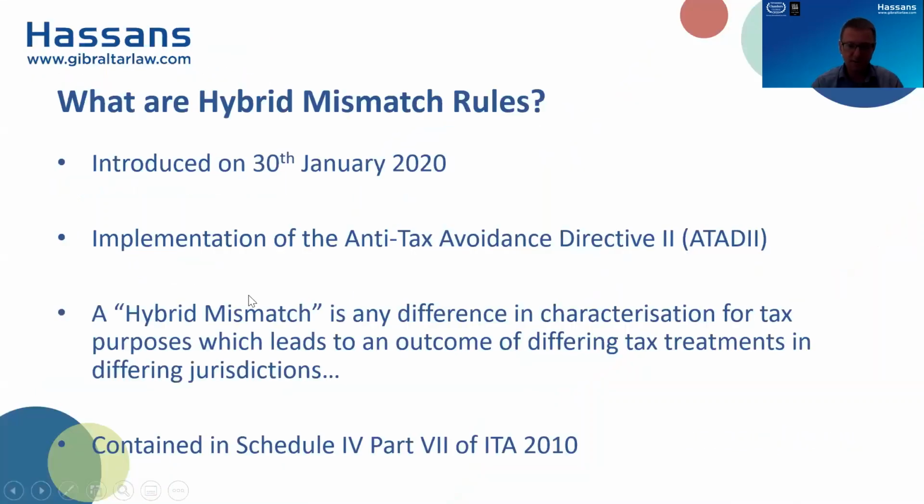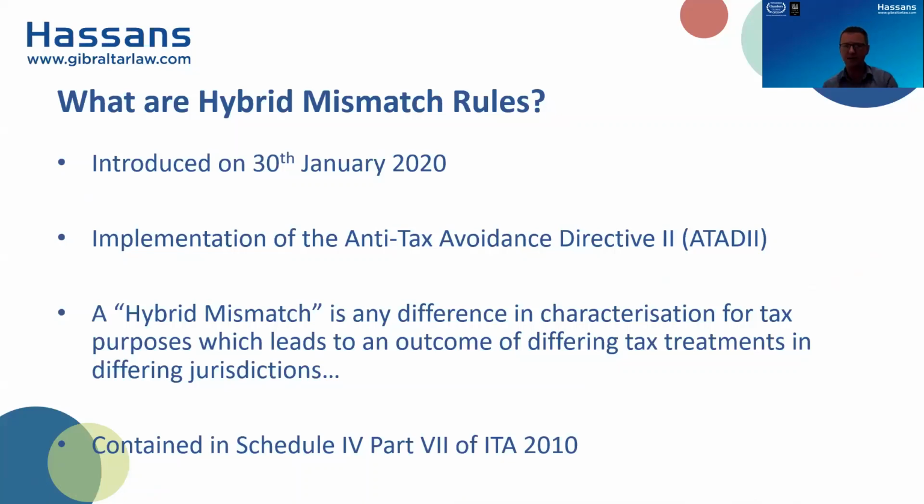So let's try and grasp the concept of a hybrid mismatch first. It's quite complex. The importance of the way this provision works is it targets outcomes rather than specific transactions, though we can give examples of what those transactions would be.